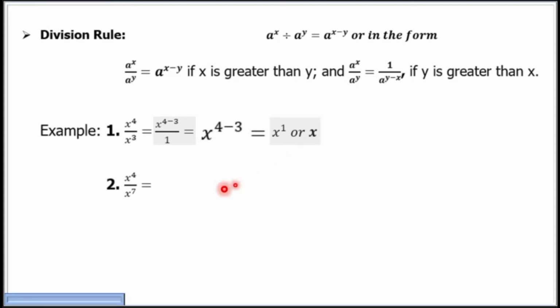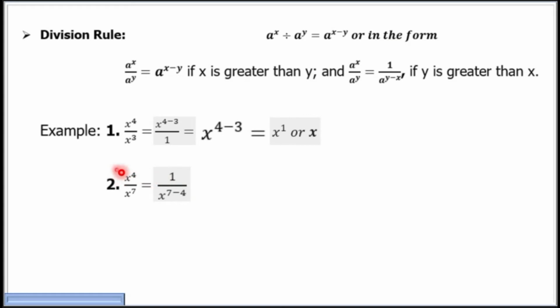Next number, example, x raised to the power of 4 over x raised to the power of 7. So it happens here that the exponent of the denominator is bigger than the exponent of the numerator. Okay? So this will become, alright, so atong gibalhin, or aturang ang x raised to the power of 4 or ang exponent aturang naog nga rin sa denominator, kay mas dako si 7 based on the theorem we have given.